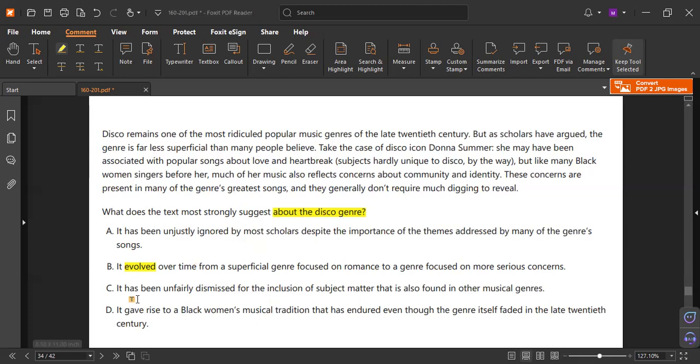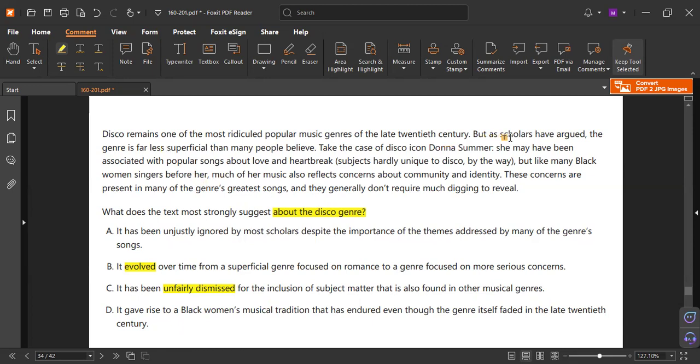Now let's find the letter C. It has been unfairly dismissed. Do we have any information about being dismissed unfairly for the inclusion of subject matter? Let's find it. Let me help you. And let's find any evidence.